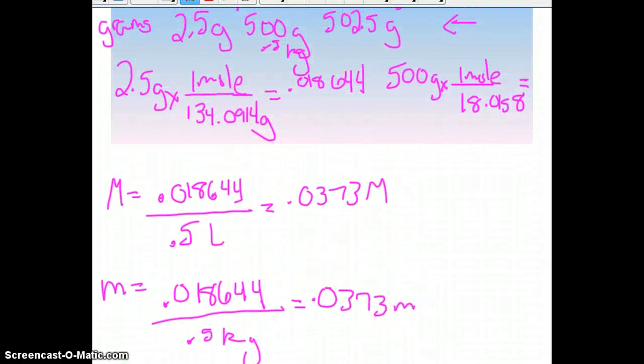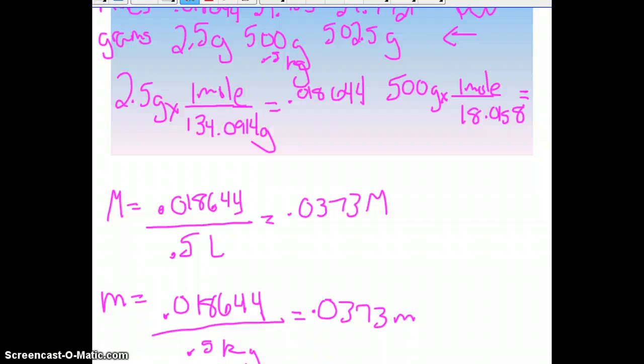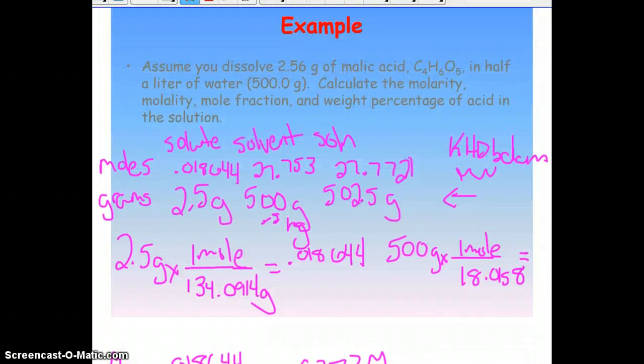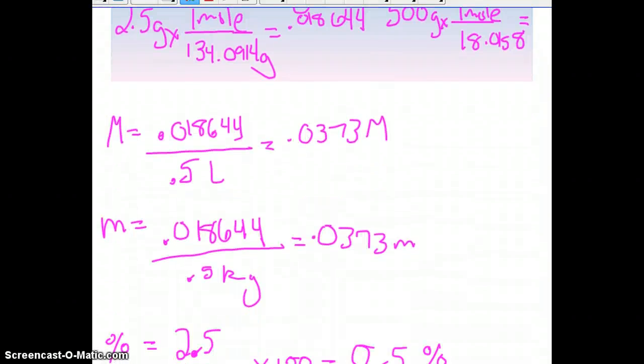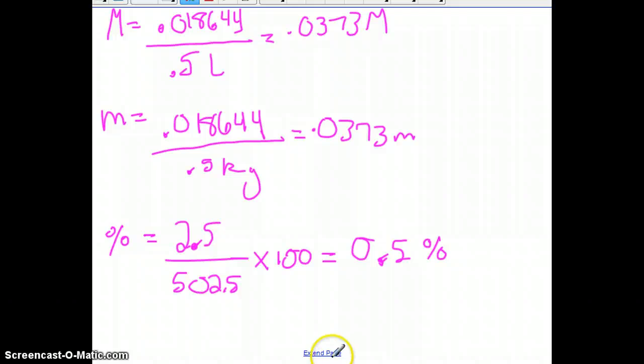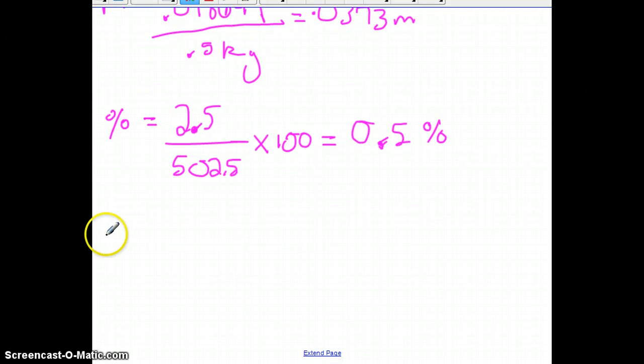The last thing we want to look at is our mole fraction, in which case we're going to do the solute moles over the total moles. So we're going to do 0.018644 over the total, which was 27.7721.